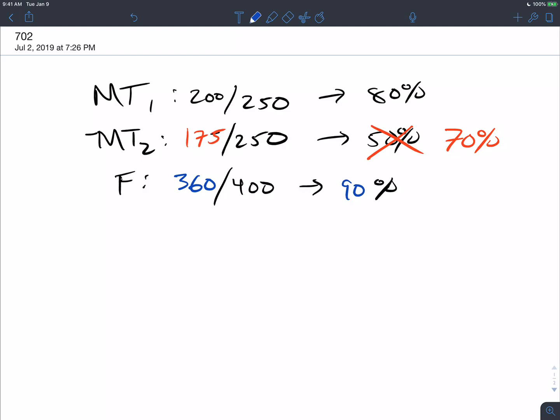Then this would be replaced with 90%, and this would also be replaced with 90%, which is 225. So I do the best possible thing. I replace them both if it does better. I replace one if it's better than one and not the other, and I replace neither if it's not better than either.